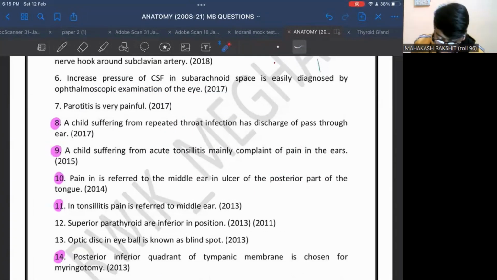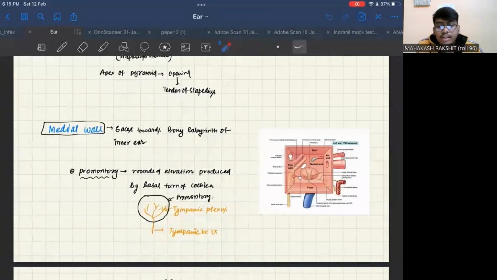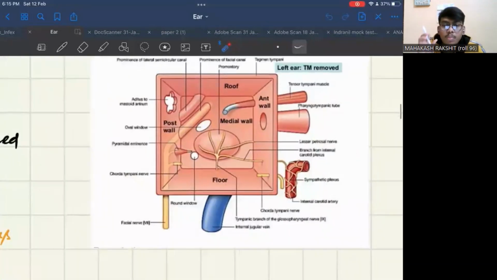A child suffering from acute tonsillitis mainly complains of pain in the ears. So the tonsillitis is here and the person is feeling pain here in the ear. Why? Because the tonsil is supplied by the glossopharyngeal nerve. And in the medial wall of the middle ear, there is an elevated portion called the promontory.